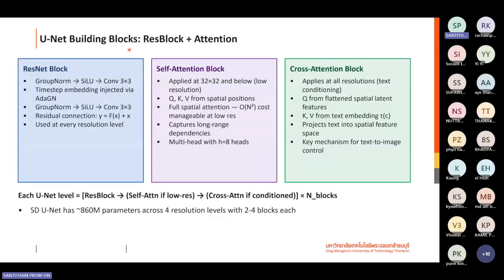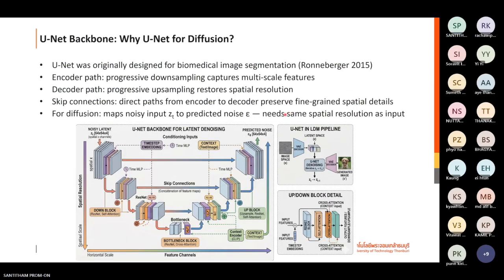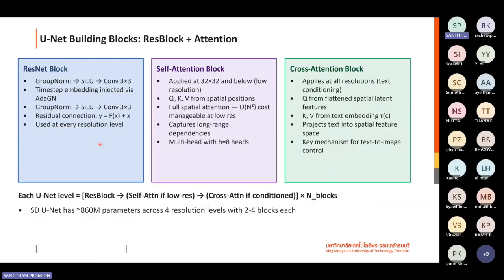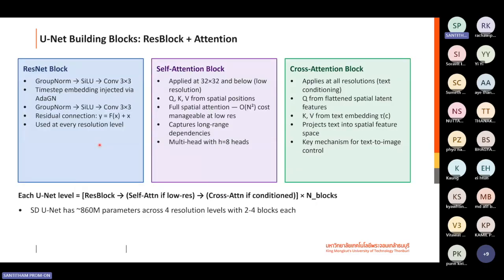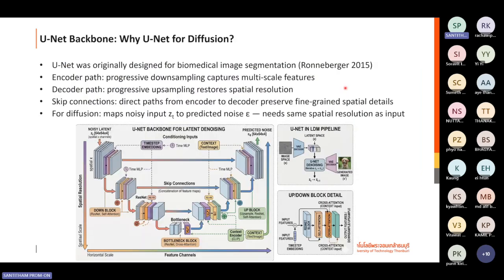UNet building blocks contain a ResNet, self-attention, and a cross-attention block. Let's look at this. We have the input part. It contains the ResNet convolution and the self-attention, which captures long-range dependency, and the cross-attention to include the condition from text. Let's look at the input here, the contrastive language, right?